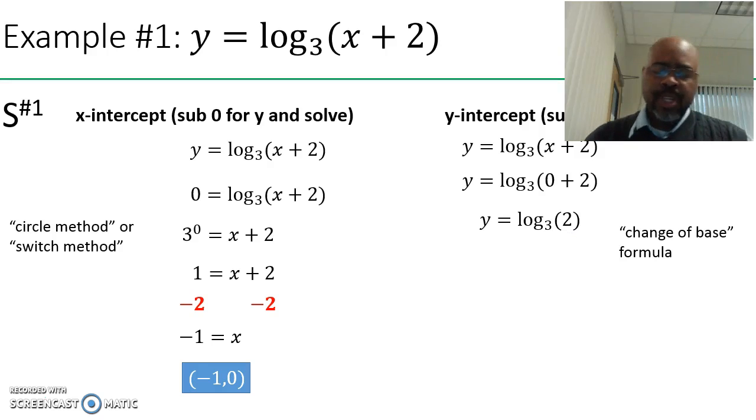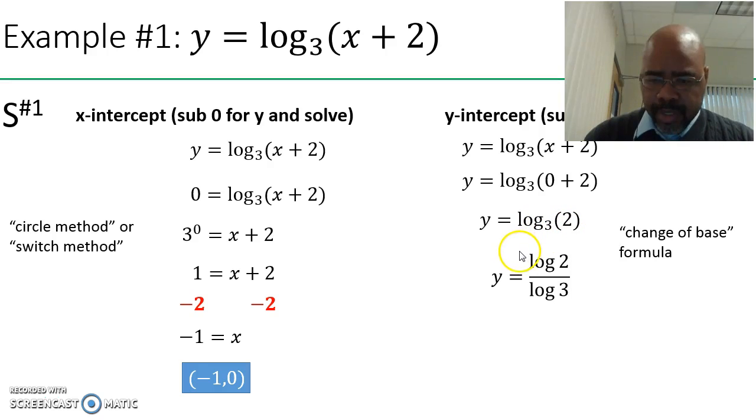Now we use our change of base formula, which is cool, because all we're doing is getting our calculators and saying log of 2 divided by log of 3. Or as I like to explain it, log big number divided by log small number. So now we have y equals log 2 divided by log 3. The big number goes on top, the little number goes on the bottom.